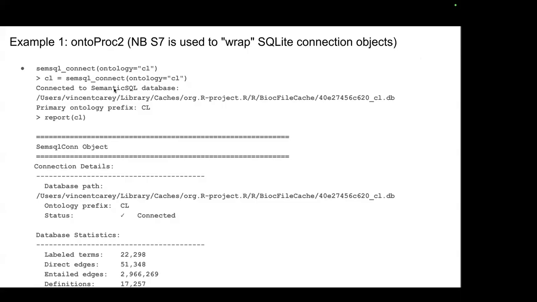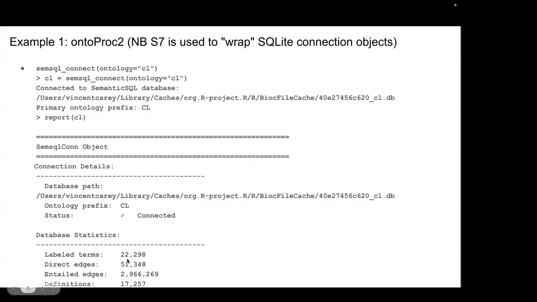So we want to use those. It includes cell ontology, gene ontology, disease ontology, EFO, experimental factor ontology, and so on. These are things that are used all over the place, and they can all be handled in a uniform way through this approach. And there's an S7 report that's produced.